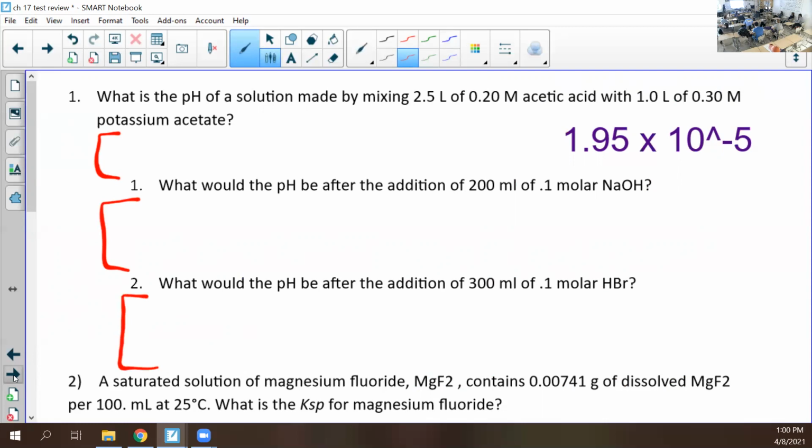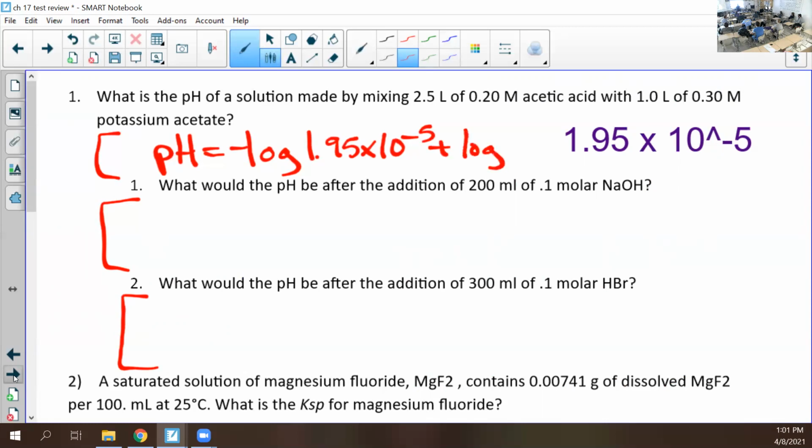So how do we calculate the pH of a buffer? Finally, it's what you like. It's the Henderson-Hasselbalch. pH is equal to the negative log of the Ka plus the log of B, that's the acetate.